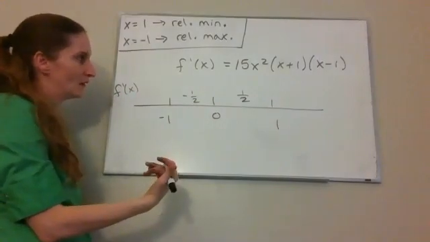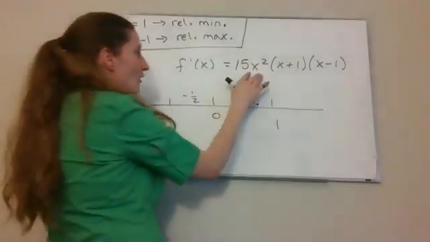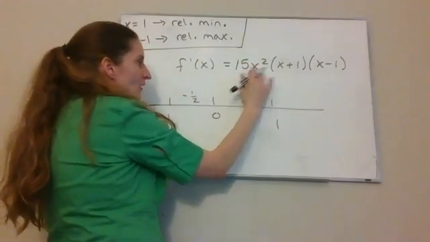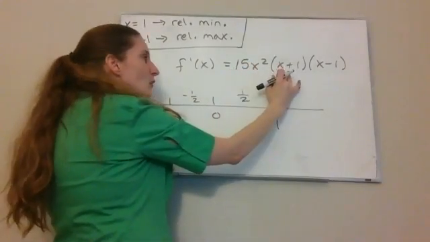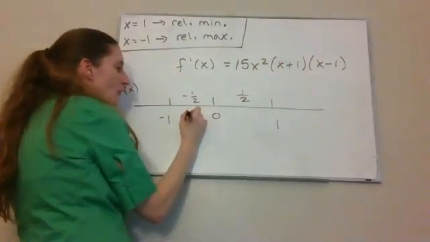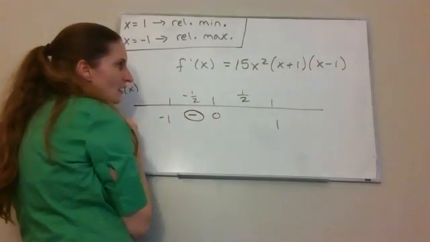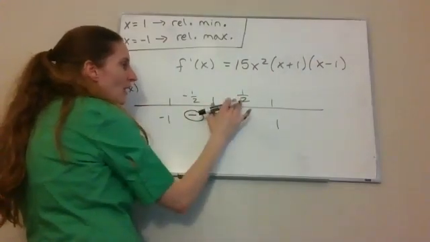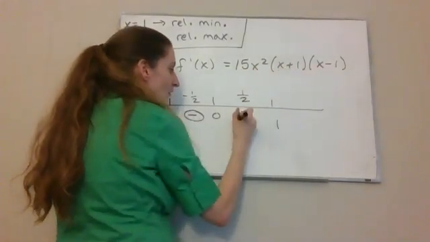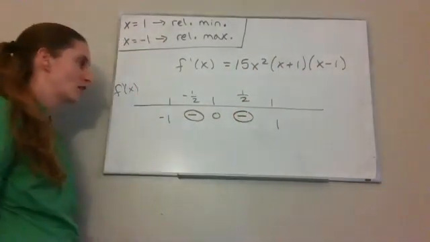Let's see what happens. If I plug -1/2 in, well, the 15x squared will be positive. -1/2 plus 1 is positive, and this guy would be negative. So the whole thing is negative. Now, if I plug in +1/2, I'd get positive, positive, negative. The whole thing is negative.